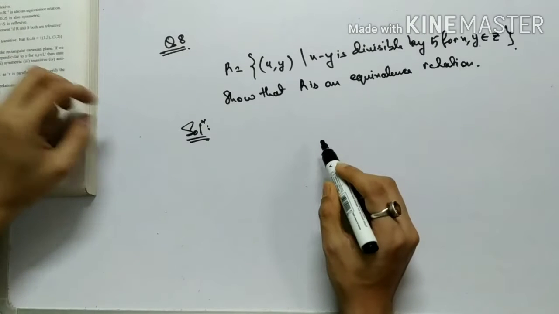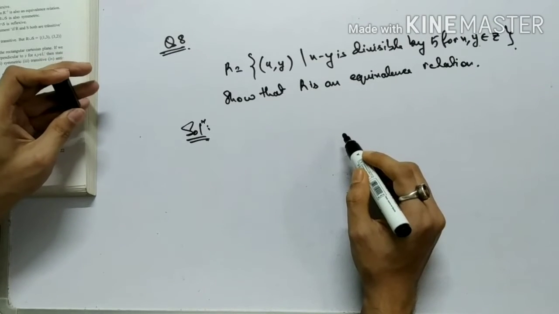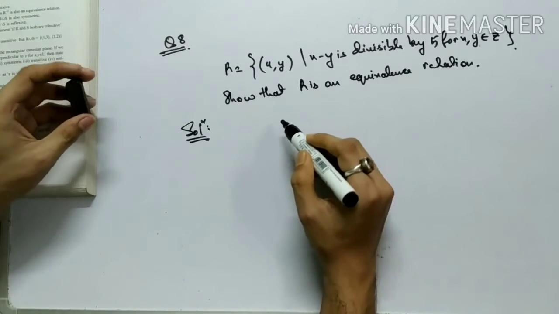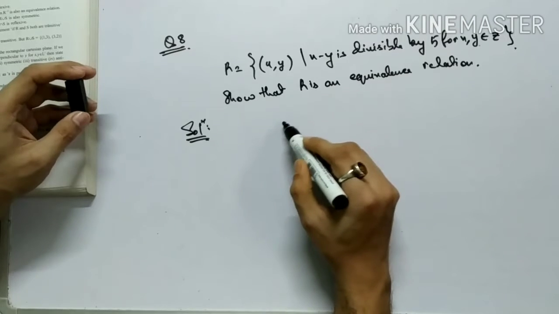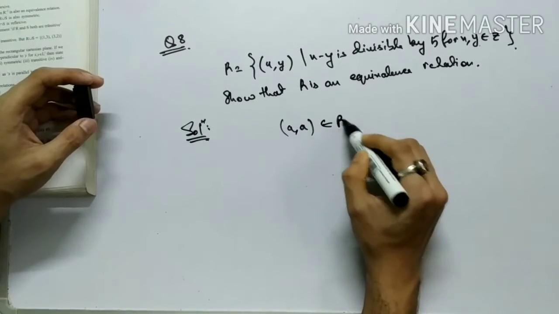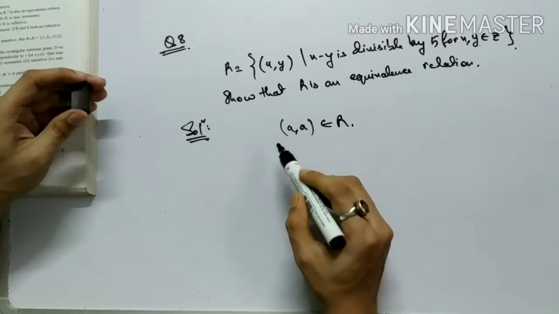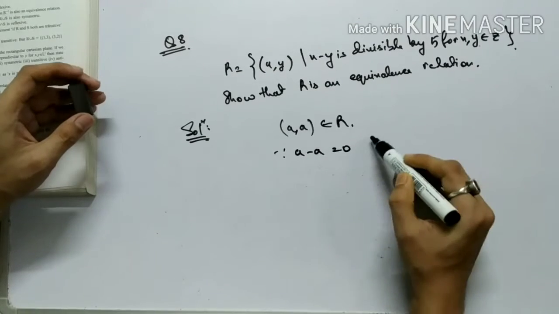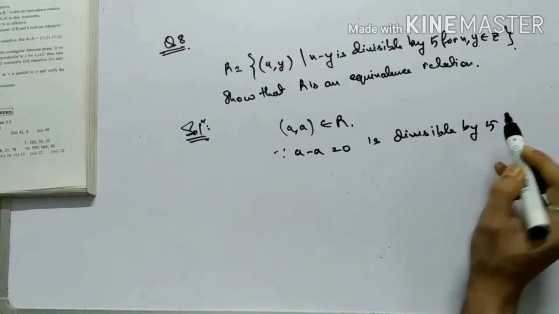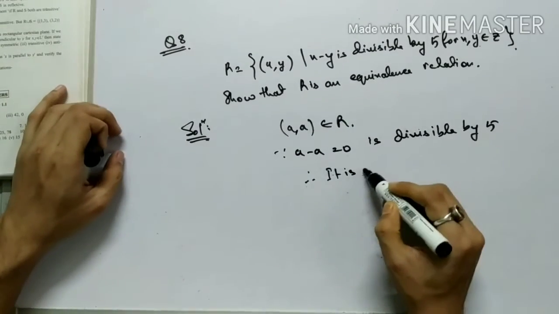So in here you can say that (A, A) belongs to R, since A minus A equals 0 is divisible by 5, therefore it is reflexive.